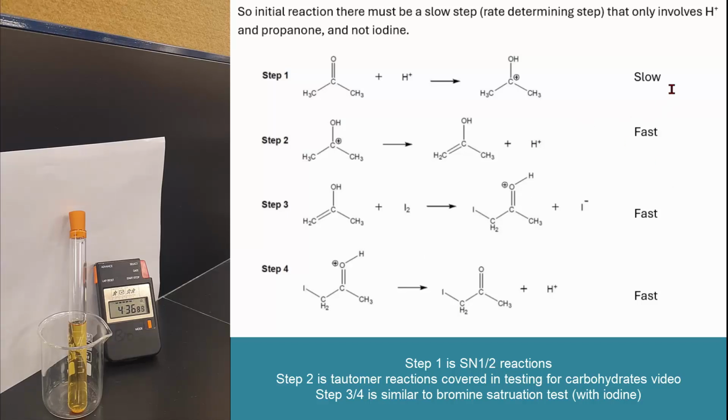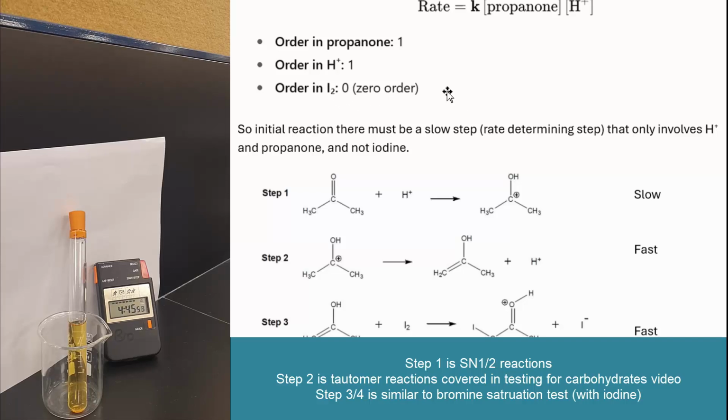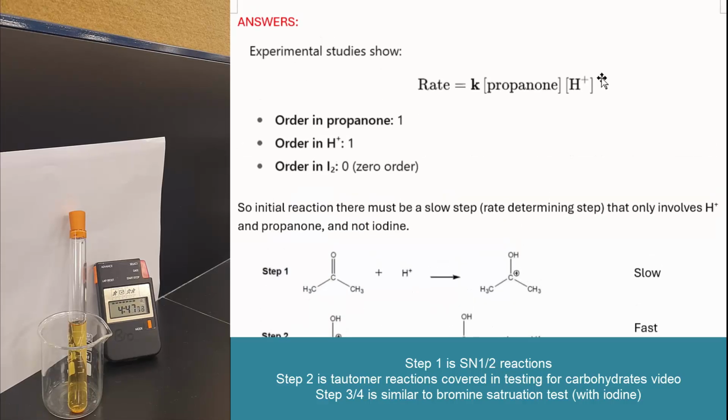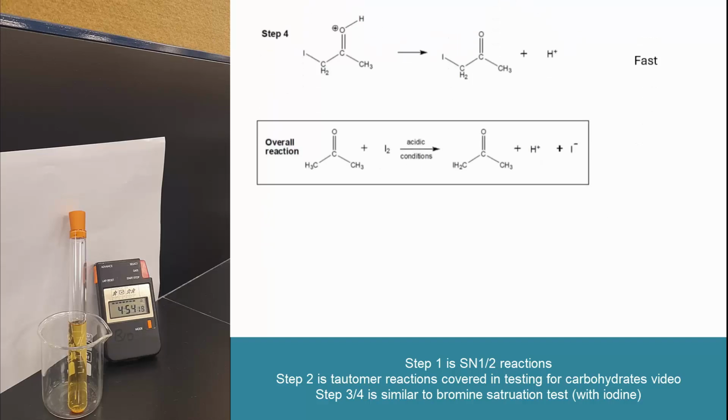And also, at the moment, you should at least appreciate that makes sense as far as that being the slow rate determining step. Therefore, the I2 certainly not being a 1, perhaps a 0, and most likely a -1. Okay, so a little bit of a difficult one, that one.